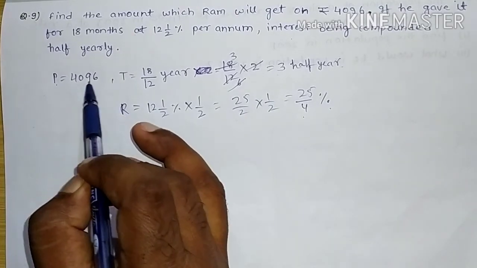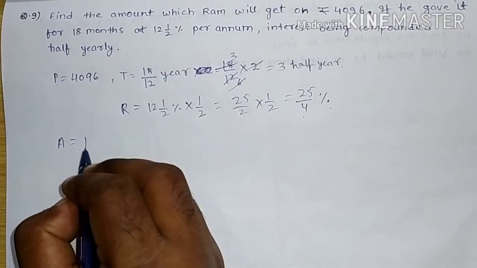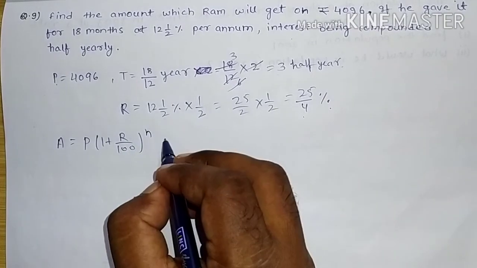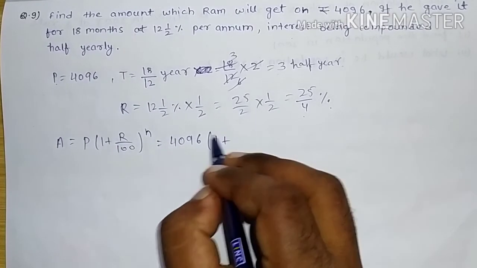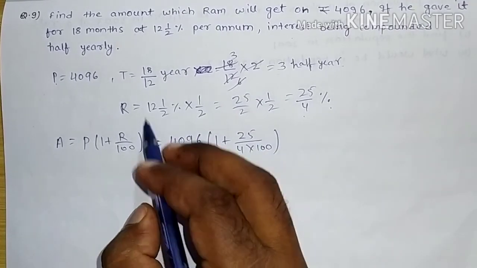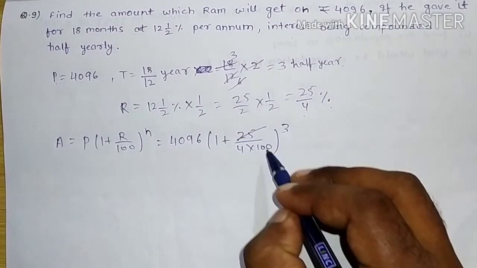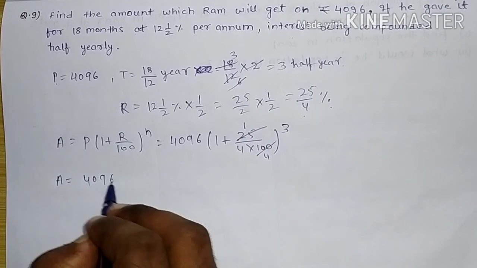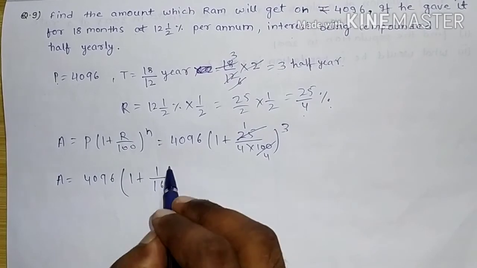Principal is given 4096. Now we have to find the amount. The formula of amount equals P(1 + R/100)^n. Now put the values: P equals 4096, 1 plus R which is 25 by 4, into 100, to the power n. N means time, that is 3 half years, so this is 3. Just simplify it: 25 by 4 by 100 will be 1 by 16. Now amount equals 4096, 1 plus 1 upon 16, to the power 3.